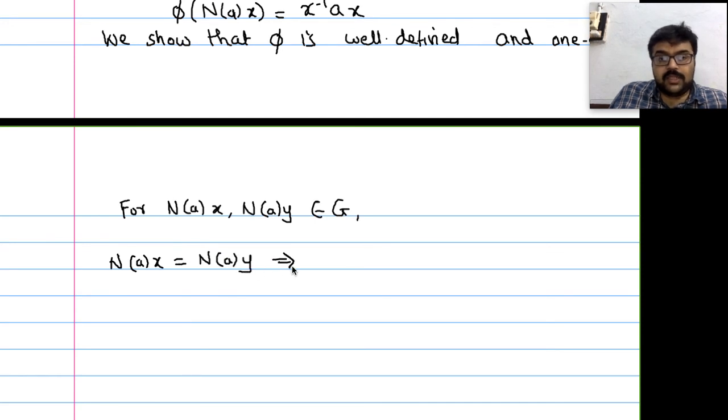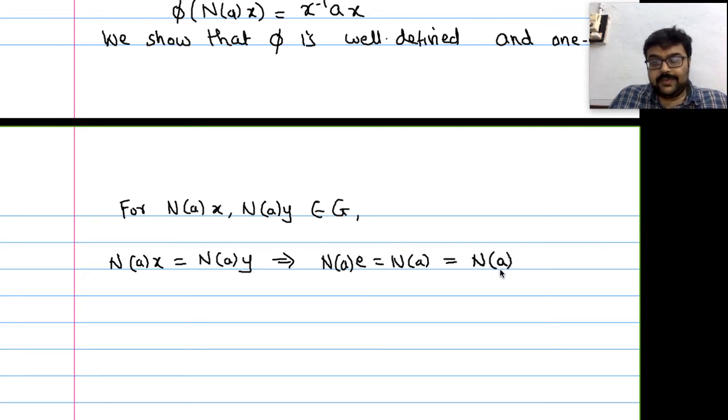So this implies that you can multiply by X inverse on both sides. So we have NA E, which is nothing but NA on the left side, and on the right side Y X inverse, which is NA. So this means what?